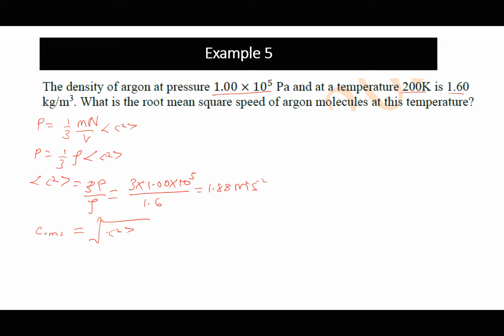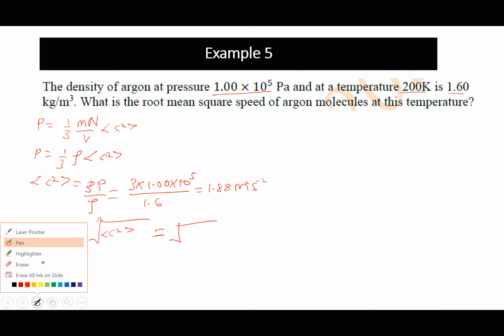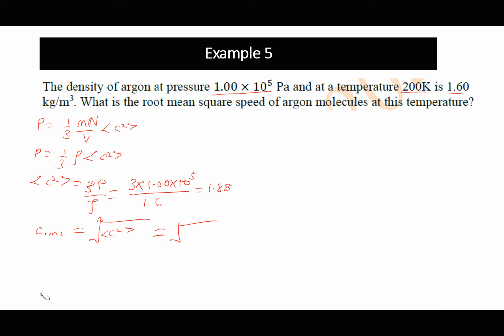By the way, this is times 10 power, something I left out here. The mean square speed was 1.88 times 10 power 5 meters squared per second squared.